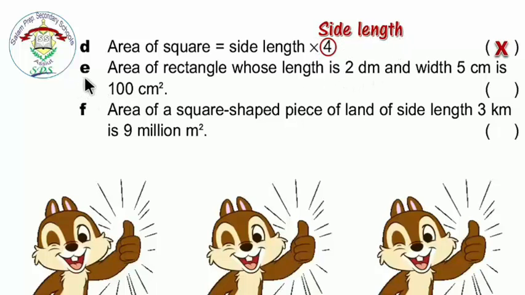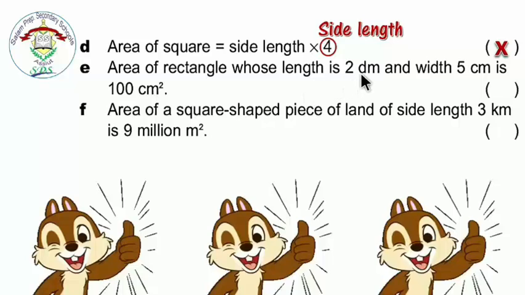The first one, area of a rectangle whose length is 2 decimeter and width 5 centimeter is 100 square centimeter. To find the area, please be sure that the two numbers have the same unit. 2 decimeter and 5 centimeter are different units, so we will convert decimeter to centimeter, because the area is in square centimeter.